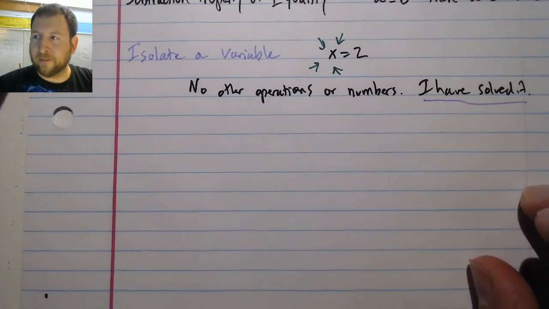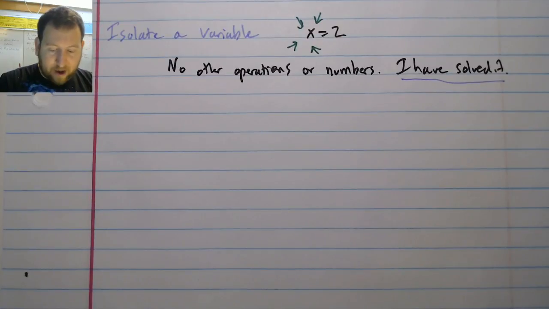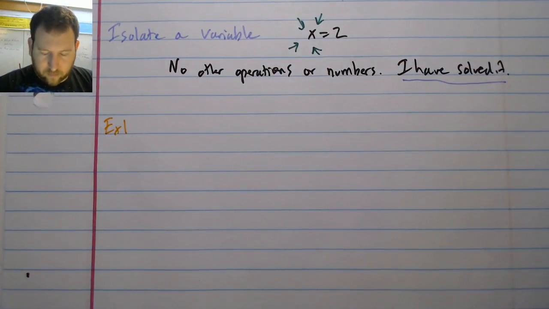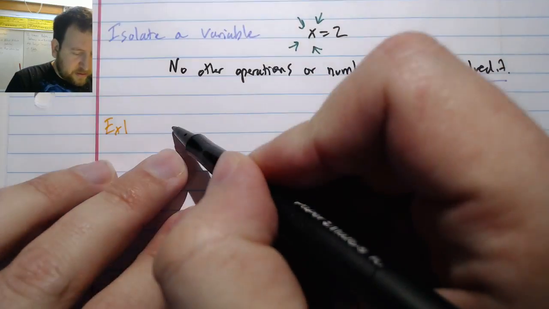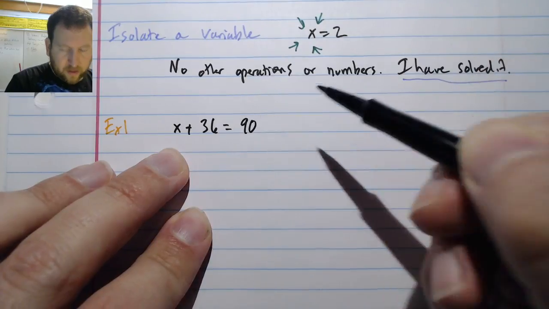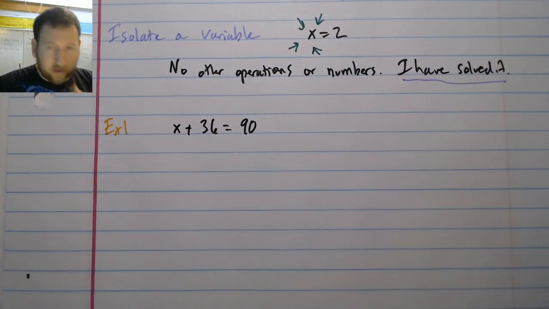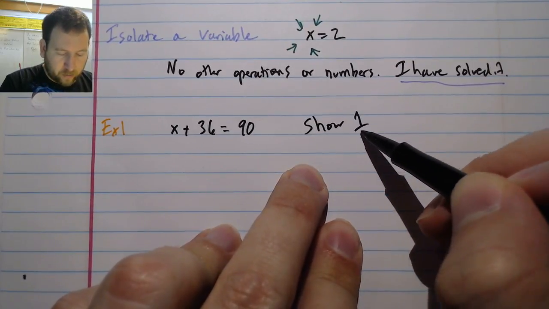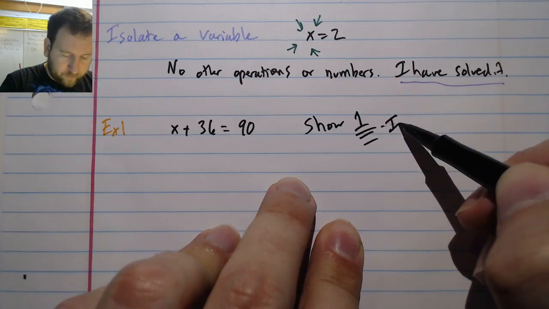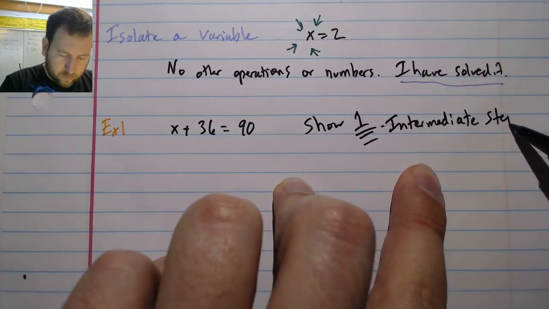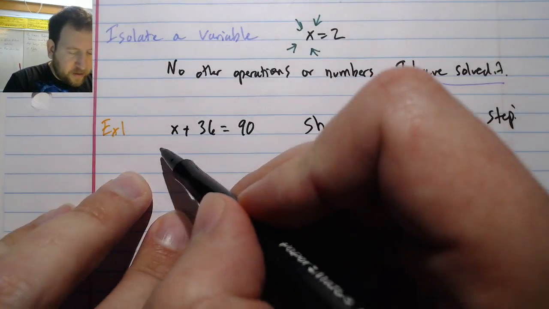So let's take a look at some quick examples and how we can solve them or isolate the variables using this. They're going to give us x plus 36 equals 90. For this, you only need to show that one intermediate step, and for this one, I can write a couple.